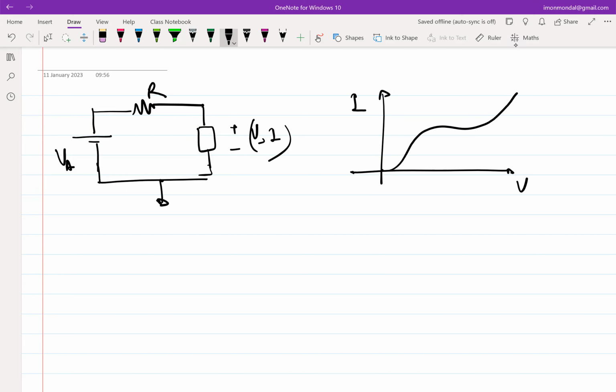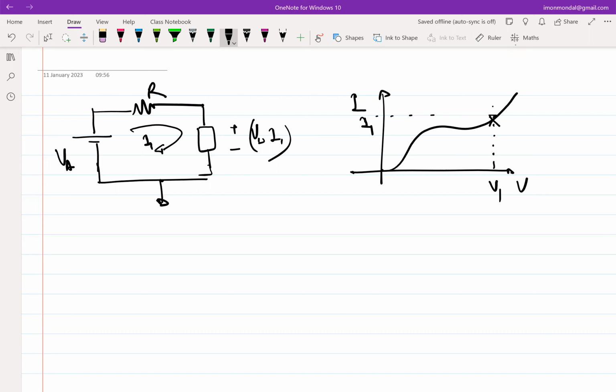If this is the IV characteristics, and maybe you are somewhere over here, this is your V1, I1. By the way, what do I call this V1, I1, if after some numerical approximations I have figured out this is your V1, I1? What is the terminology that we use? Quiescent point or operating point, right?